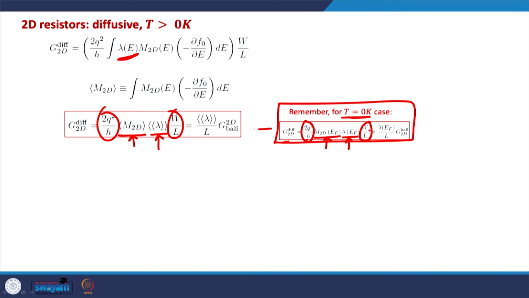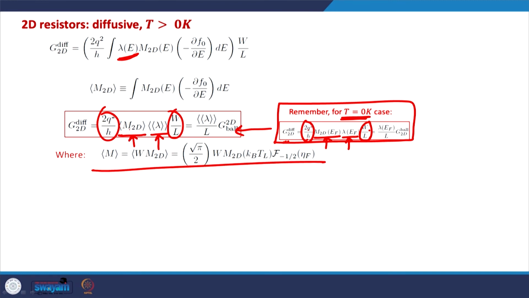So this is a generalization of the T equal to 0 Kelvin case. And again, this average of M2D(E) for non-degenerate conductors is given by this value.